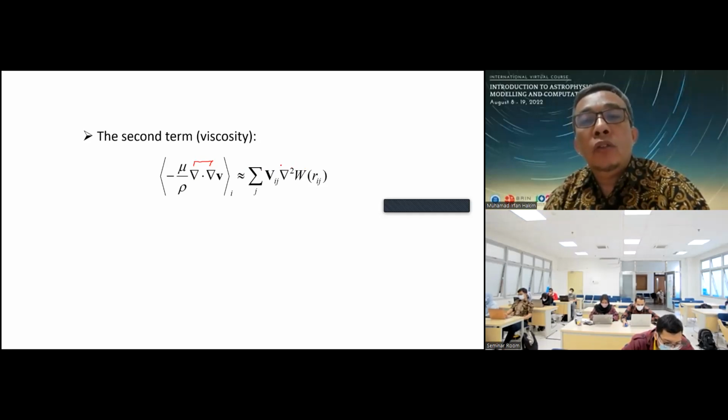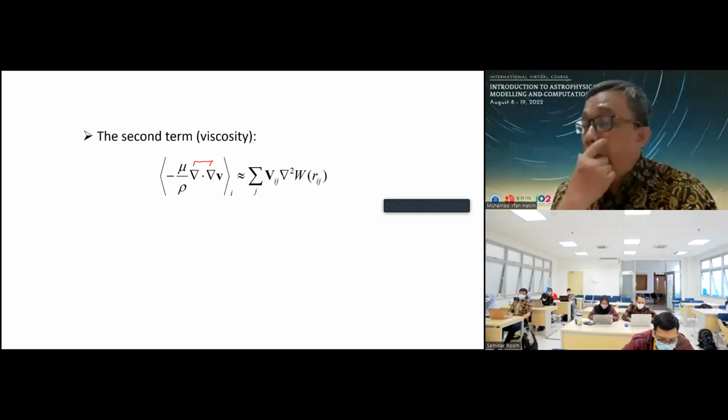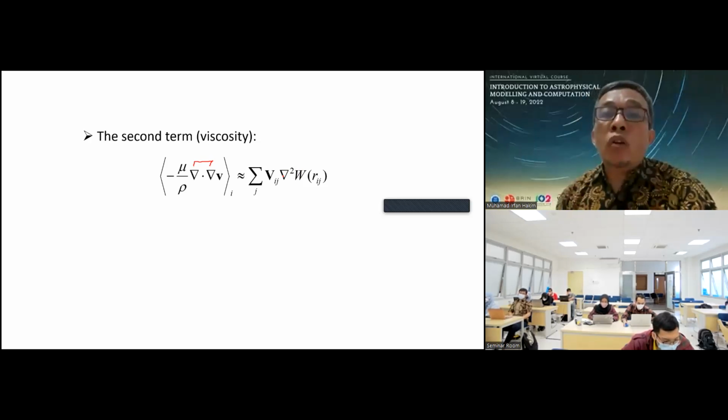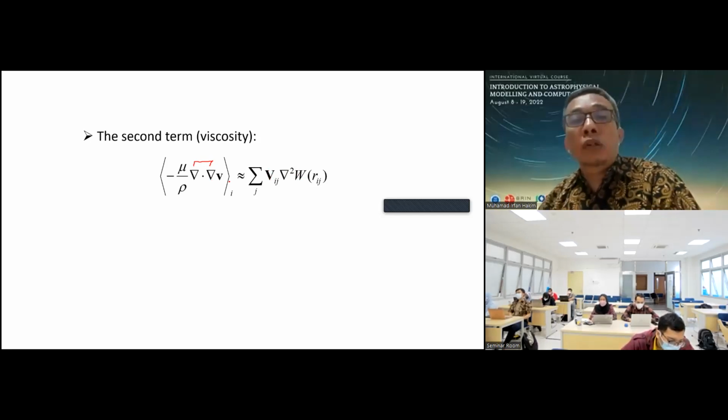So we evaluate this kernel function by applying grad square operation to this kernel function. And this is another form of velocity related to mu here and rho.